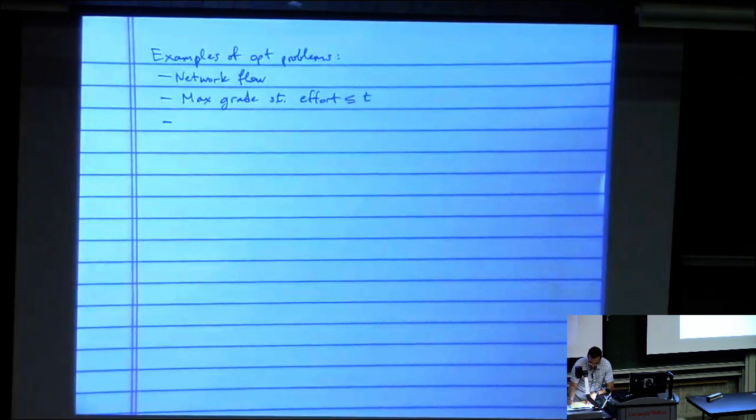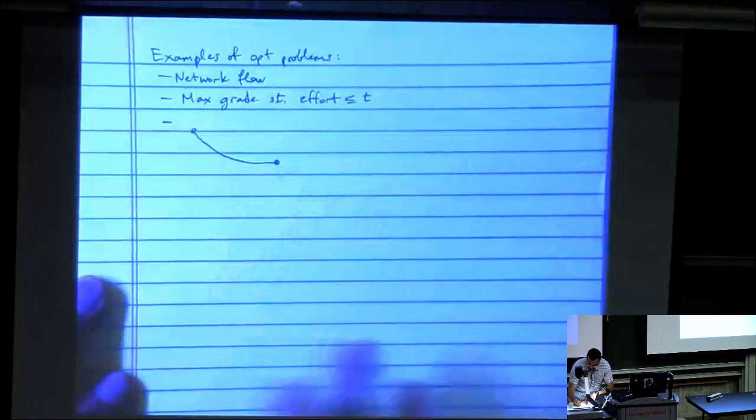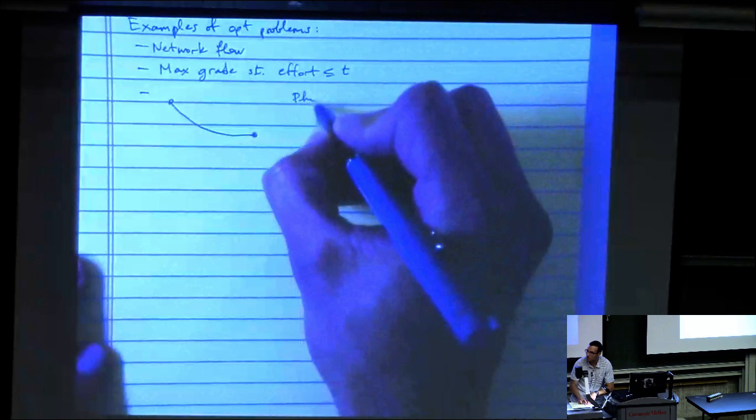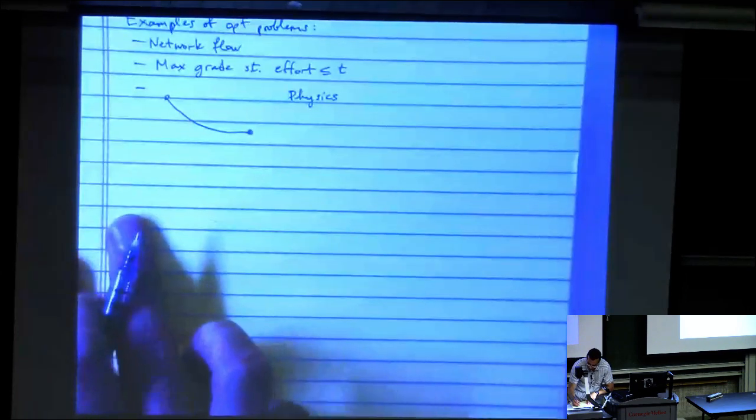Okay, so I'm going to draw a picture. But maybe there are certain physics optimization problems involving Lagrangians. Is this called a catenoid? Is that what this is called? Not sure. Yeah, catenary.